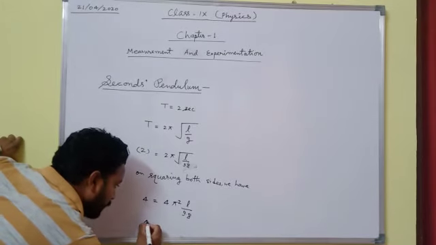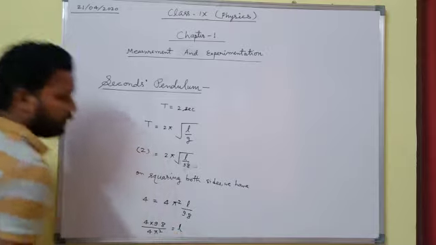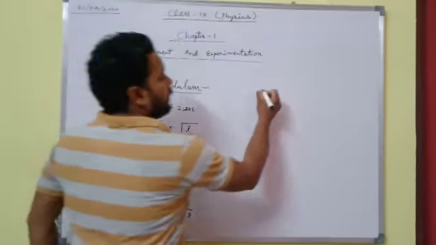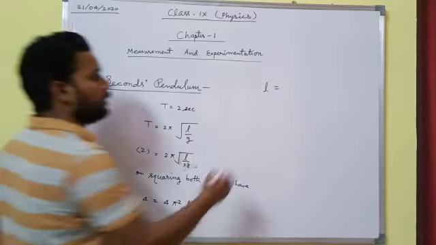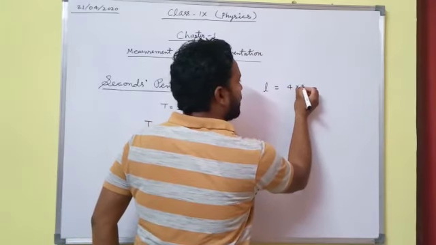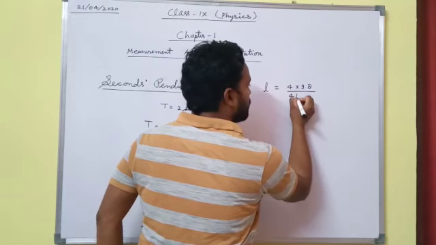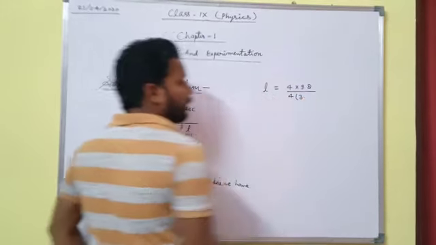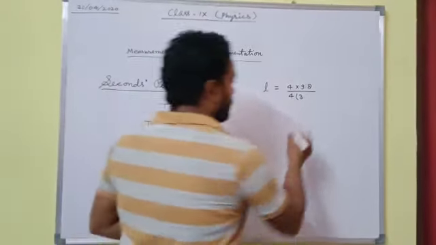So 4 into 9.8 upon 4 pi square equals L. Now L can be calculated as 4 into 9.8 upon 4 into the value of pi. The value of pi is 22/7, you can also write 3.14.